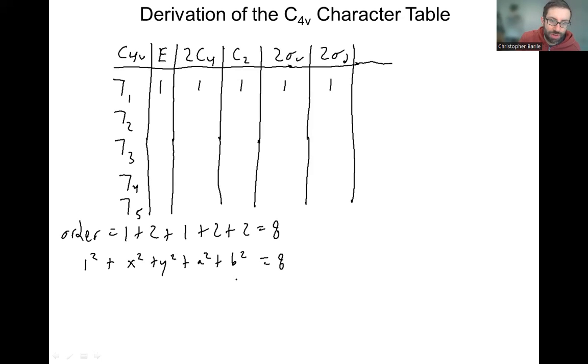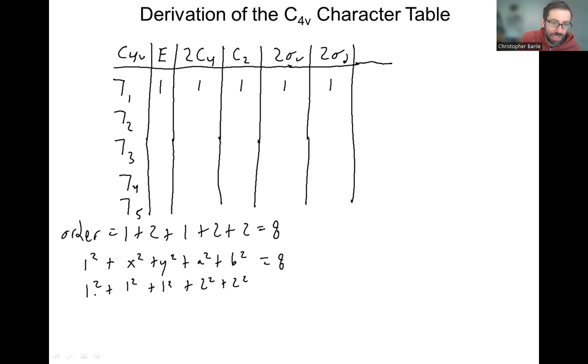And so you can stare at this for a while, but if any of these is 3, remember we can't have zeros. Only 1, 2, 3 is basically allowed. If any of these are 3s, it's not going to be true because that'll bring us to 9 and then 10. So we're above 8. So we're going to have to be using 1s and 2s. You can stare at this for a while, but basically the only way to solve this is filling in with 2 more 1s and 2 2s.